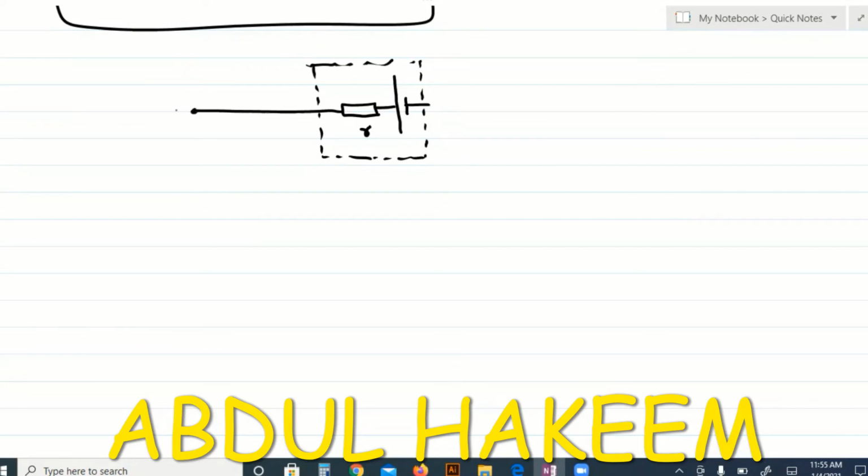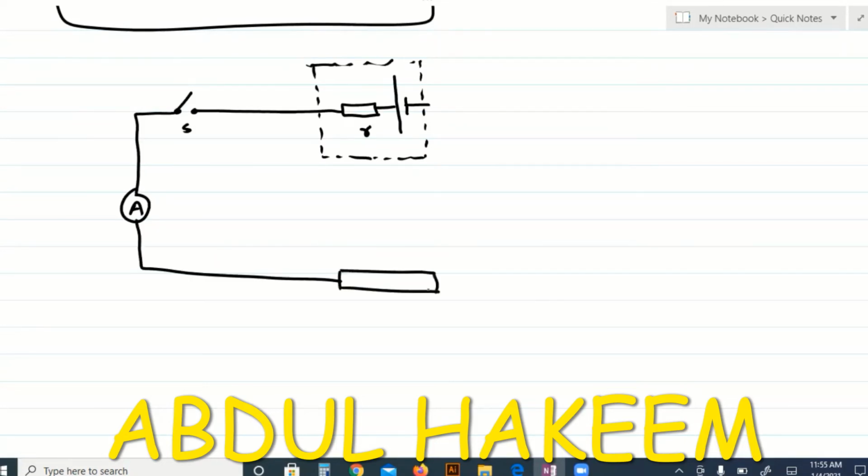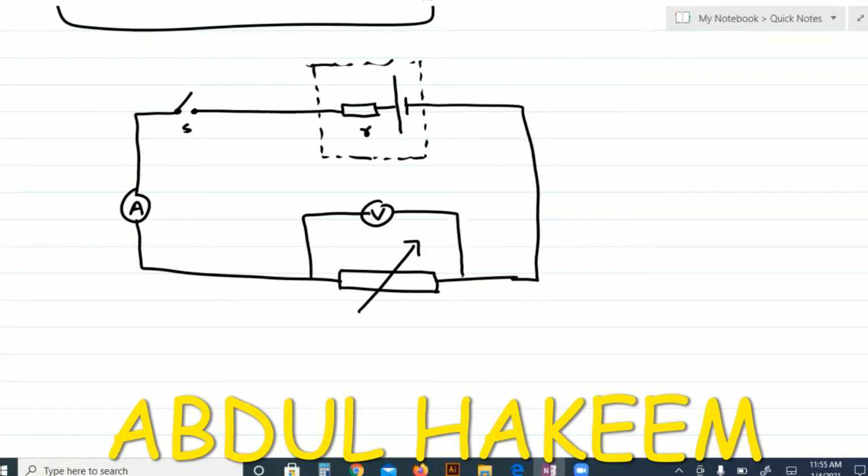Here is a switch, suppose S, an ammeter connected, and here is the external resistor, and this is variable. And then a voltmeter is connected parallel to this variable resistor.